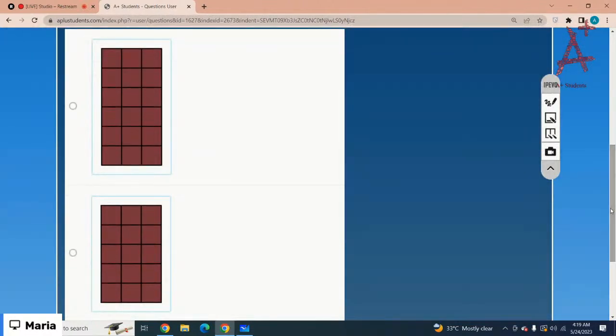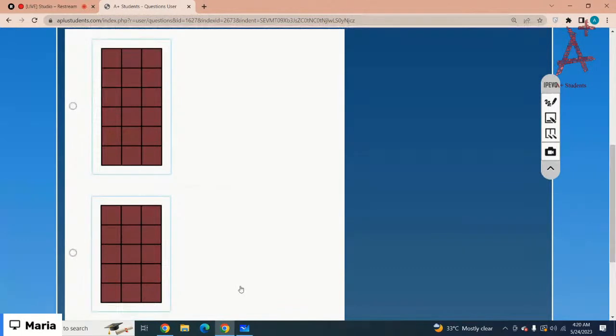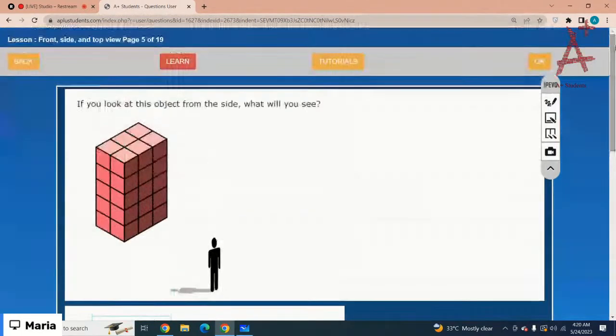One or two? You can see the second one, not first, because you can see one, two, three, four, five. So it would be the one that has five. So the second one is the correct option.